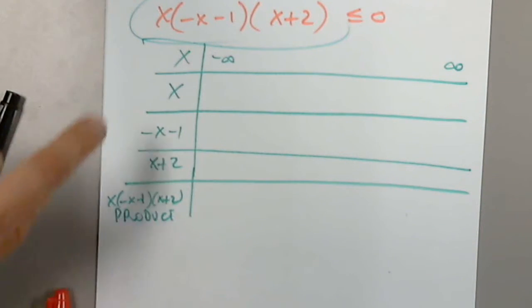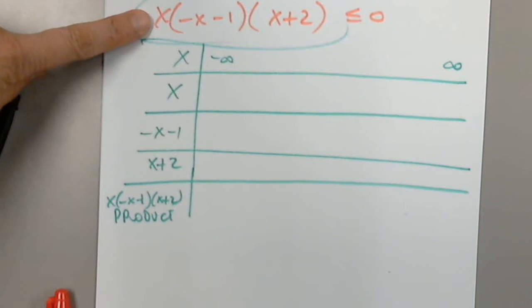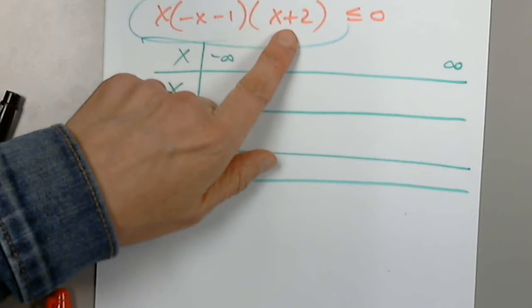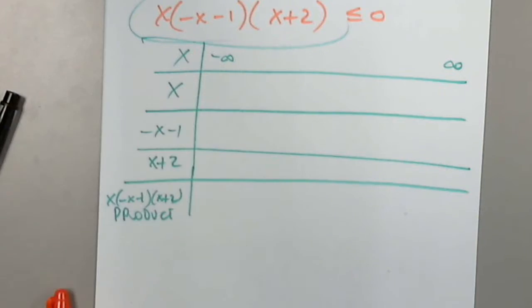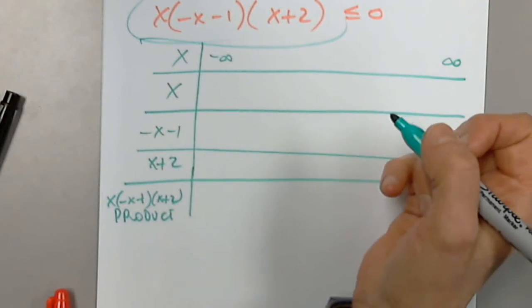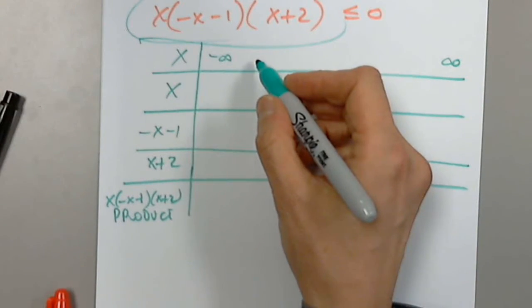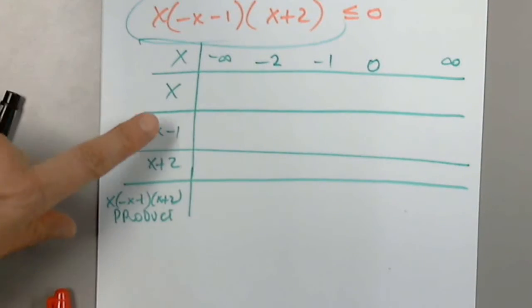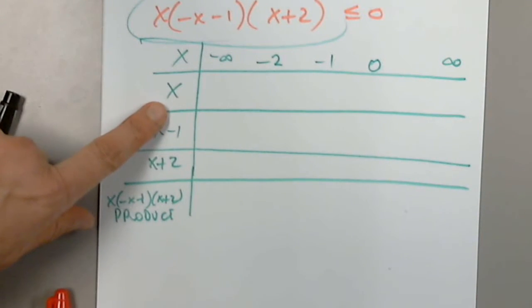Good. So what value will I put in for x? 0. What value will I put in for negative x minus 1? And what value will I put in for this? Good. So now in order from left to right. Awesome. Give me a 0 for x.